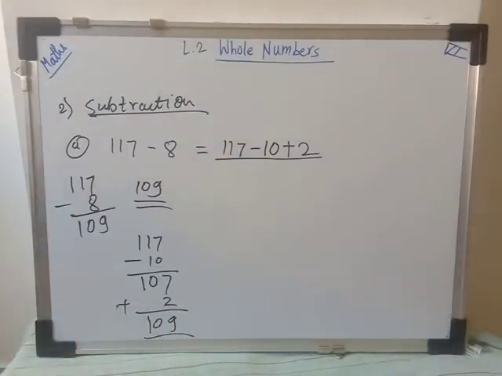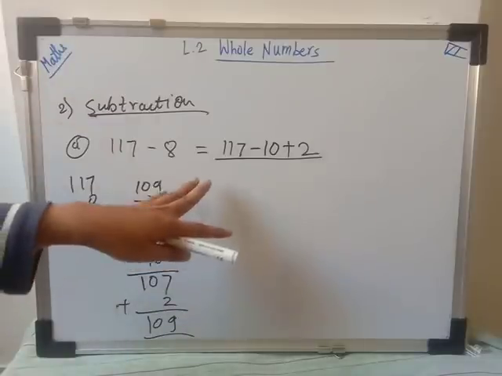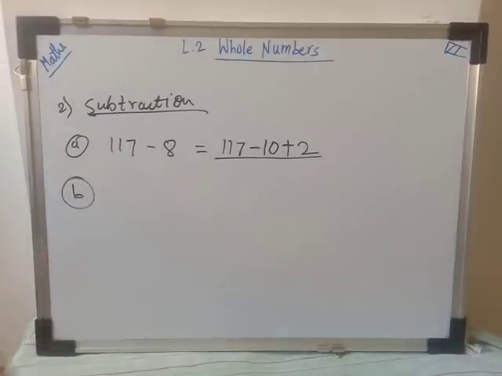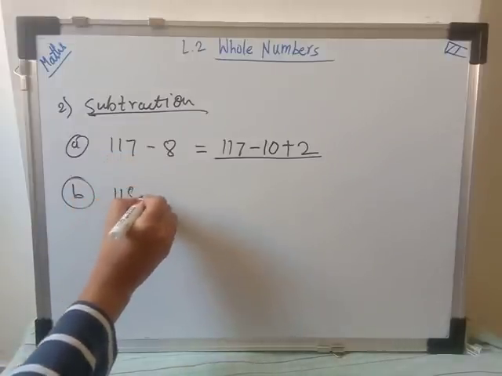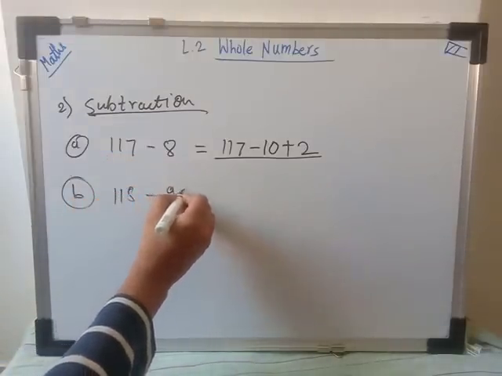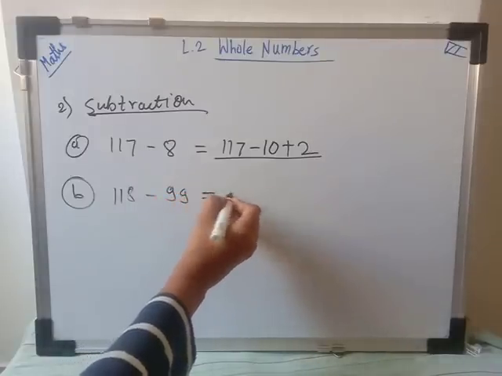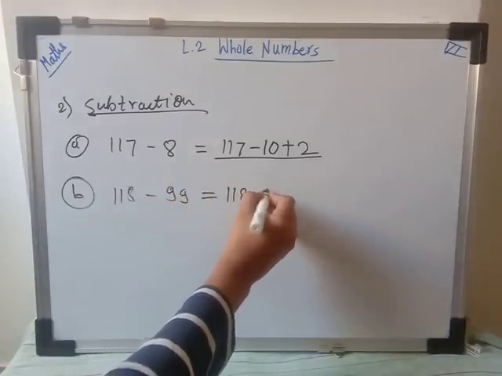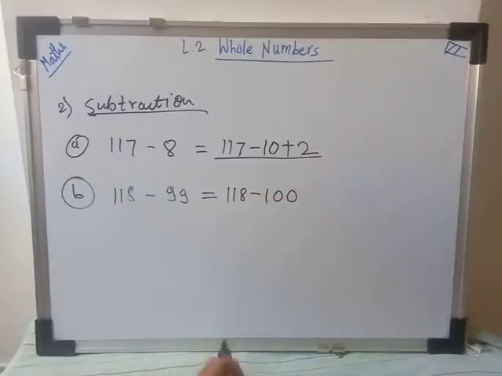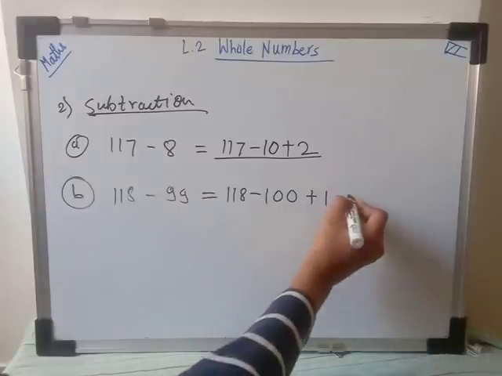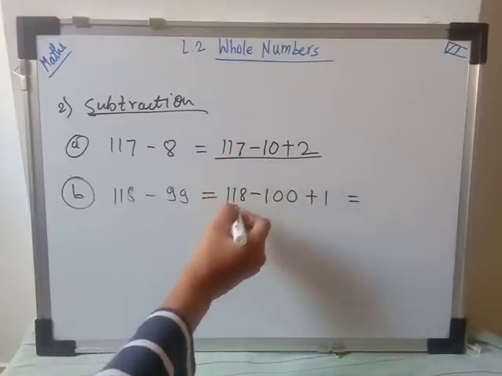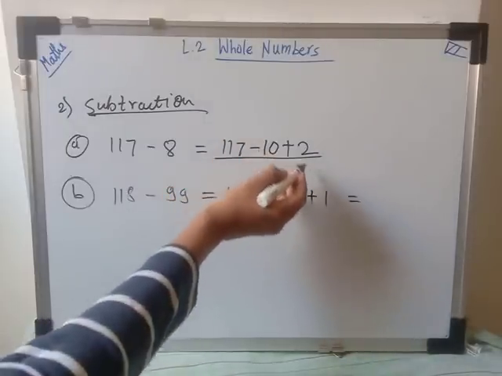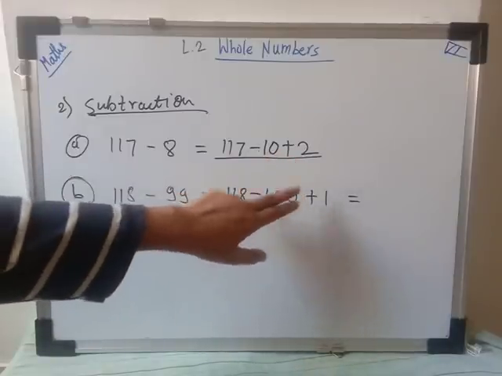Let's see another example in this way. Here I have taken 118 minus 99, which is equal to 118 minus 100 plus 1. Now here you will get the same answer from this pattern. Just observe this pattern.